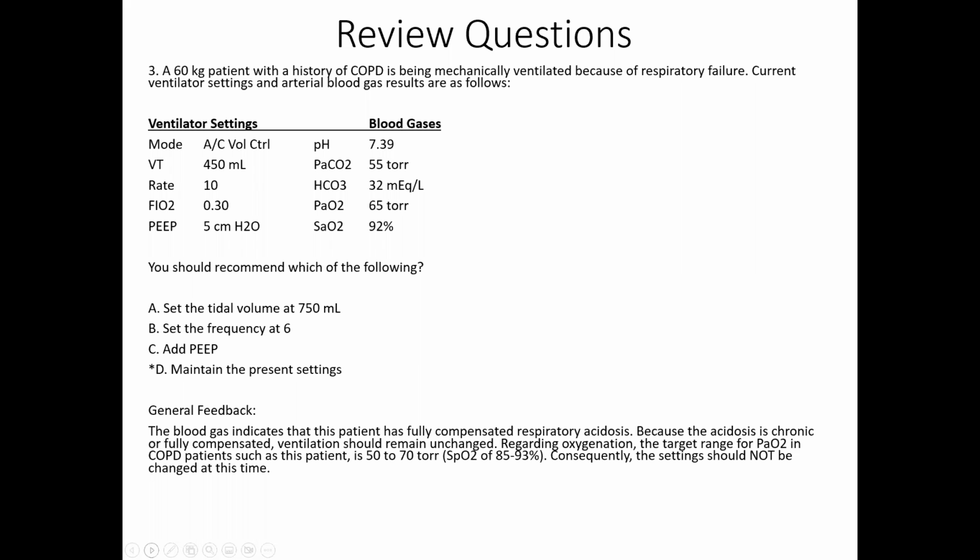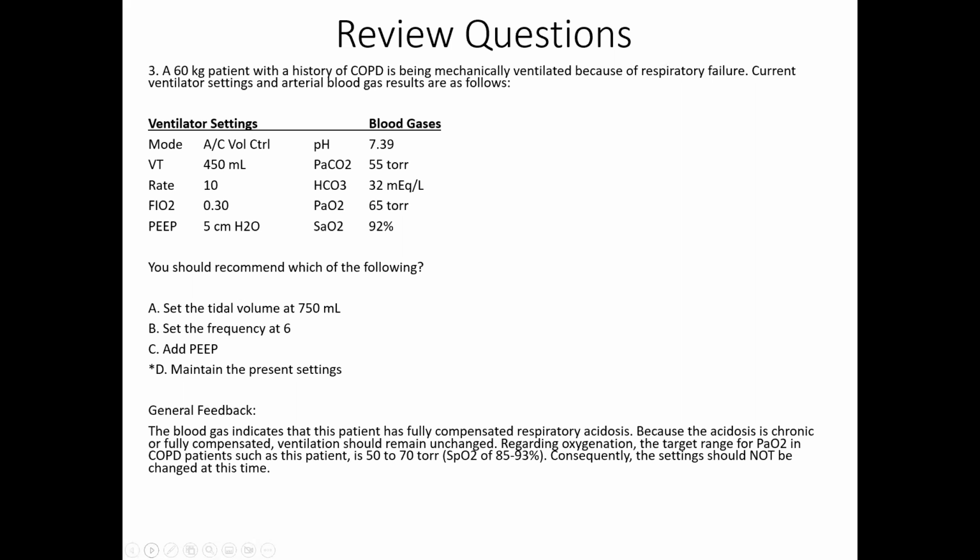Blood gas indicates patient's fully compensated respiratory acidosis. Because the acidosis is chronic or fully compensated, ventilation should remain unchanged. Regarding oxygenation, the target range for PaO2 in COPD patients is 50 to 70 torr. It's still pretty realistic.